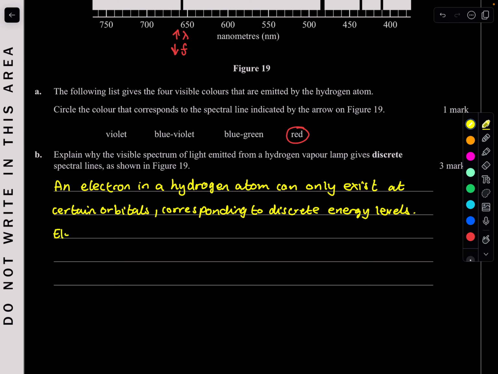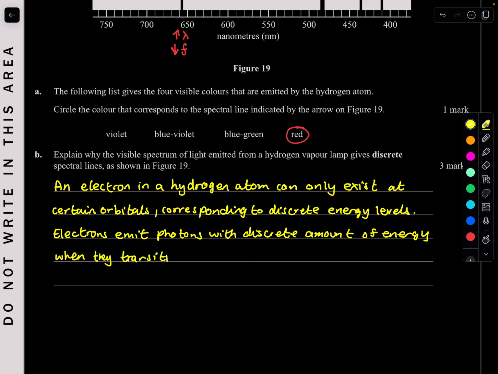Electrons emit photons with a discrete amount of energy when they transition from a high to a low energy state.